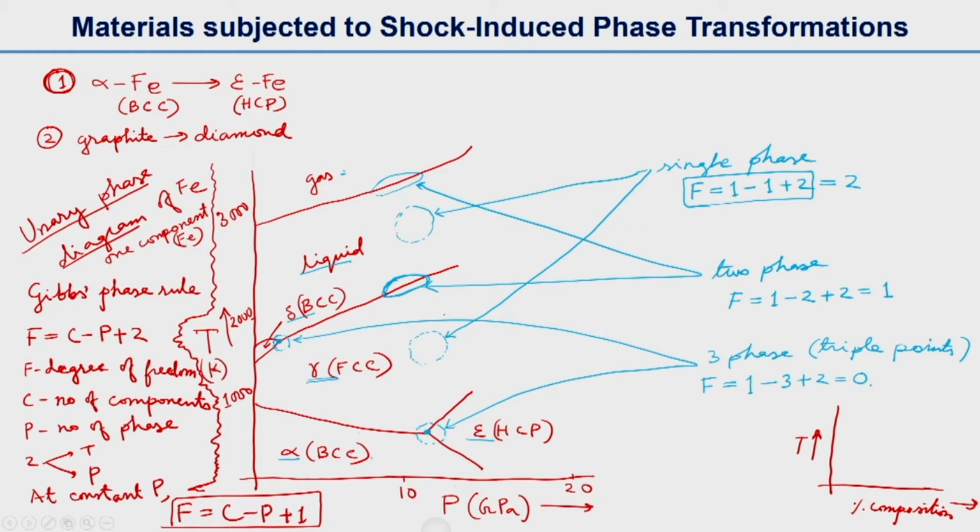So now try to understand this. In the single phase region, F is equal to 2, so both pressure and temperature are independent variables.